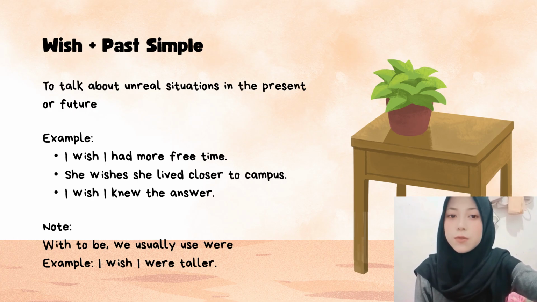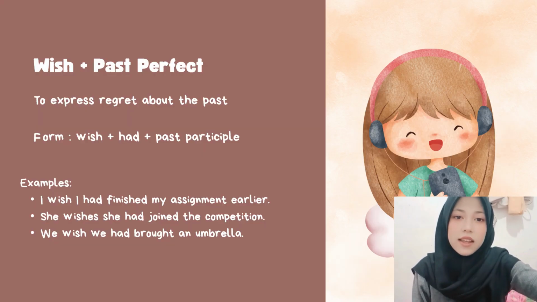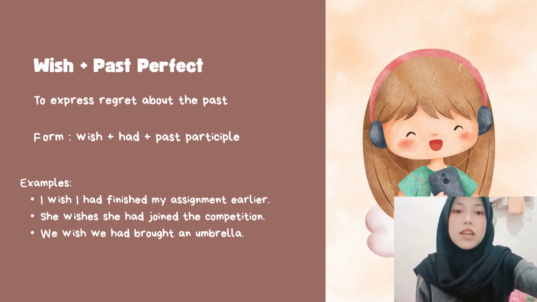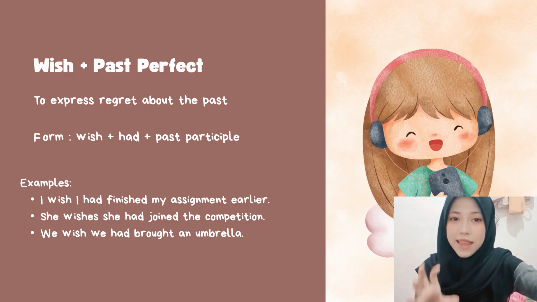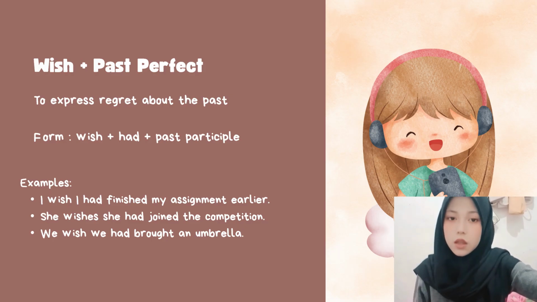Now let's move to the next one. Next, we have wish plus past perfect. This form is used to talk about regret in the past. So the action already happened and now we feel sorry about it. For example, I wish I had studied harder. This means I didn't study hard enough before and now I regret it.